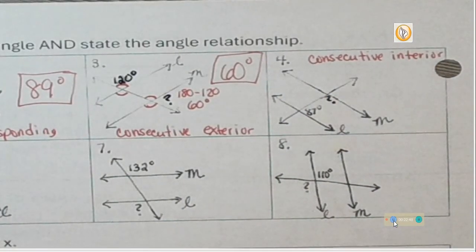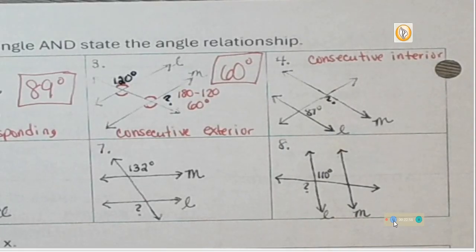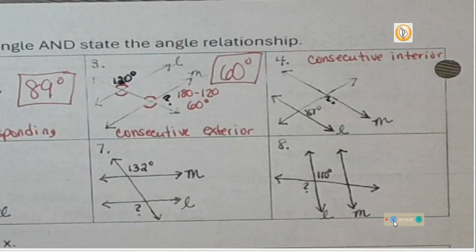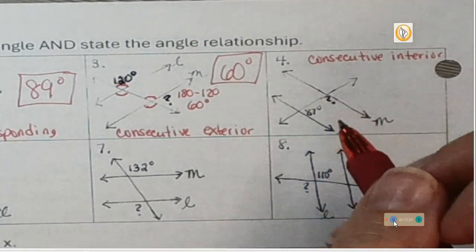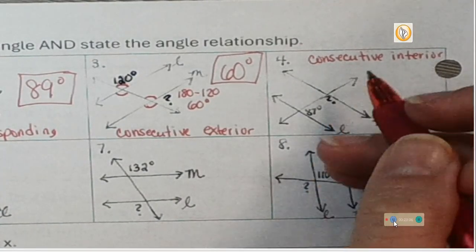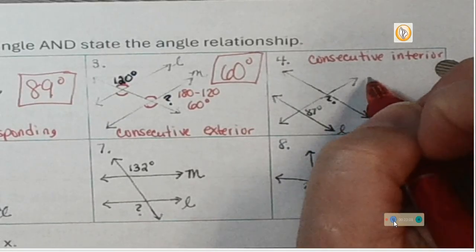So now what we've got to do is figure out how they relate to each other. What did we write on the other side about consecutive interior angles? What's their relationship? They are supplementary. And what does it mean to be supplementary? Add up to be 180. So how are you going to find this missing one right here?